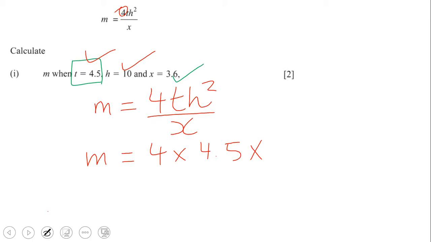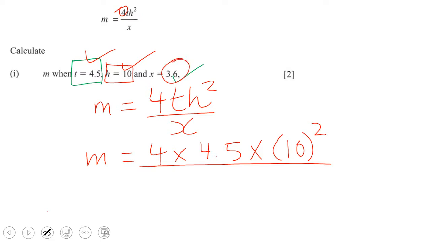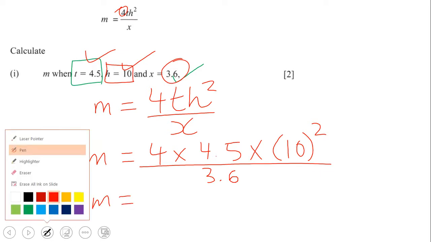Now, what is H squared? H squared is going to be 10 squared, because 10 is H, all divided by X, which is 3.6. Let's do the step by step. We're going to do the top expression first.